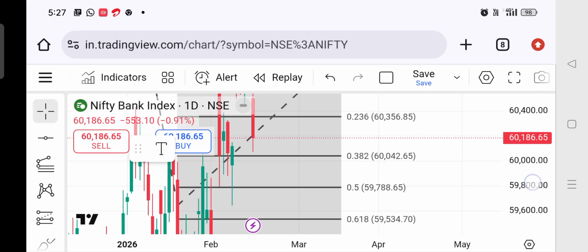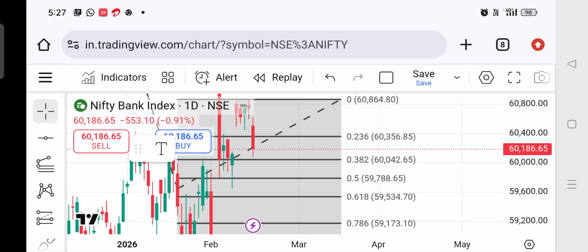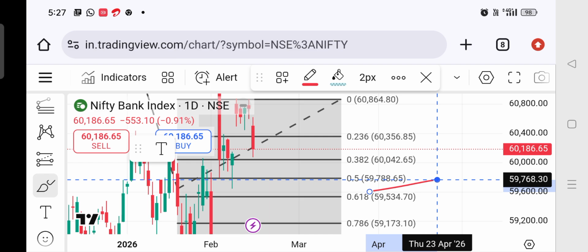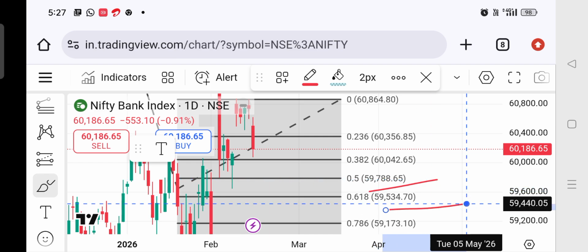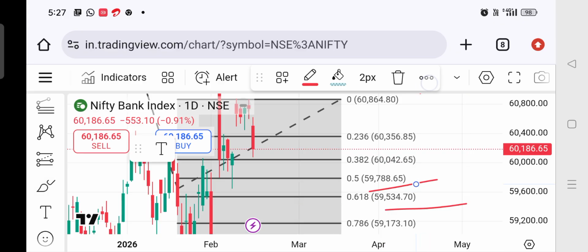Market will be trading around nearest 60,042. We'll expecting for the Bank Nifty 0.59,800 or 59,534. This is will be expecting target for Bank Nifty.